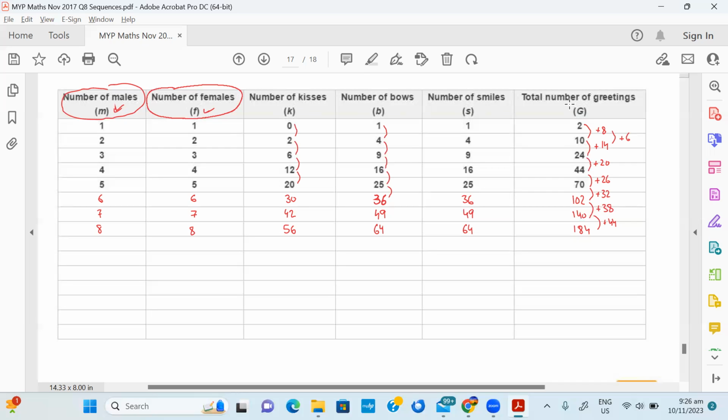This is some sort of a shape which has three sides. The first side is this, the second side is this, the third side is this. Perimeter means the sum of all sides, which is the sum of K and B and S. So the general rule of G should also be made up of the general rule of K plus the general rule of B plus the general rule of S. So it's the same concept as perimeter to justify the general rule of G.